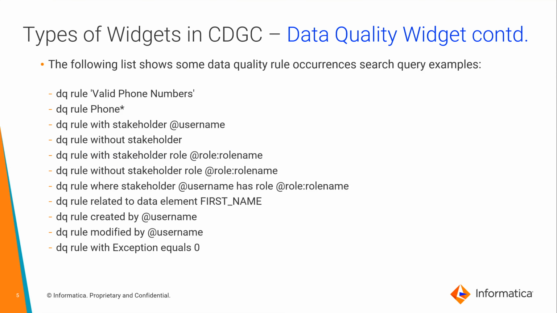Now, to search for a data quality rule run, there are various search queries that you can provide so that the widget returns the most appropriate information for you. So here is the list of some of the examples of the data quality rule occurrences search queries that you can run or add in the widget.